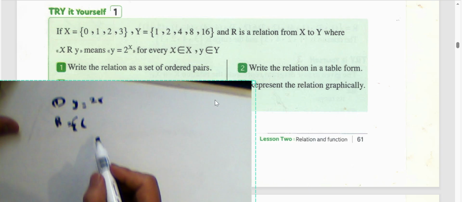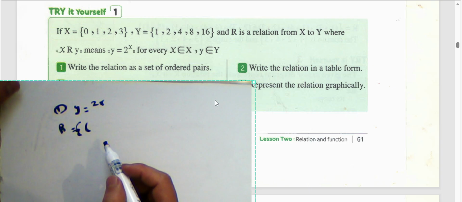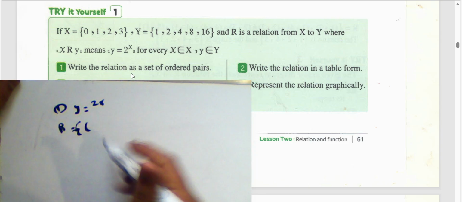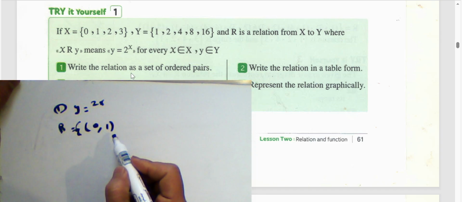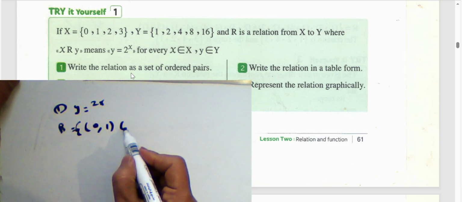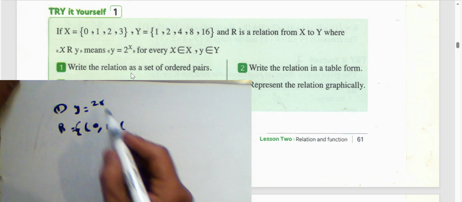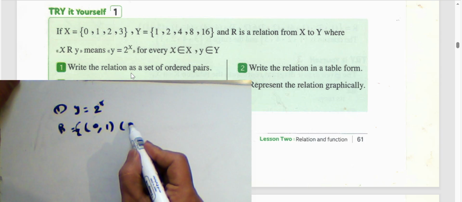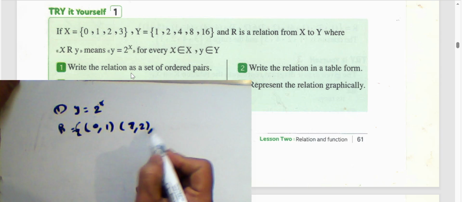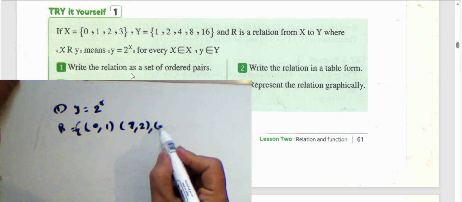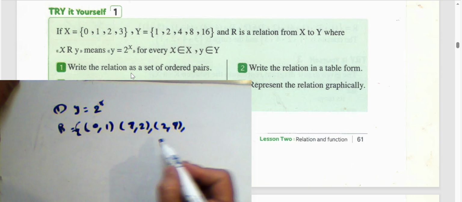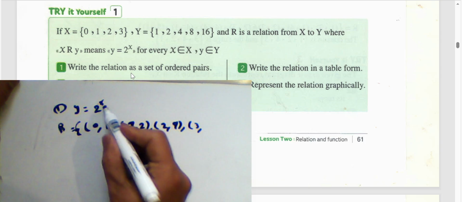First I will put 0 here, 2 power 0 equals 1 in y, and put 1, 2 power 1 equals 2. Then we have 1 and 2, and then put 2, 2 power 2 equals 4, and put 3, 2 power 3 equals 8.